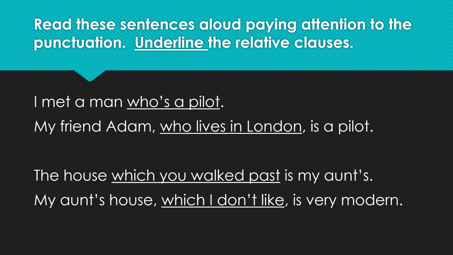We have two pairs that kind of go together for purposes of teaching. Notice we have the word who here, or here the contraction who's for who is, and then which in these second two sentences. These are what we call relative pronouns. Relative pronouns introduce a relative clause.